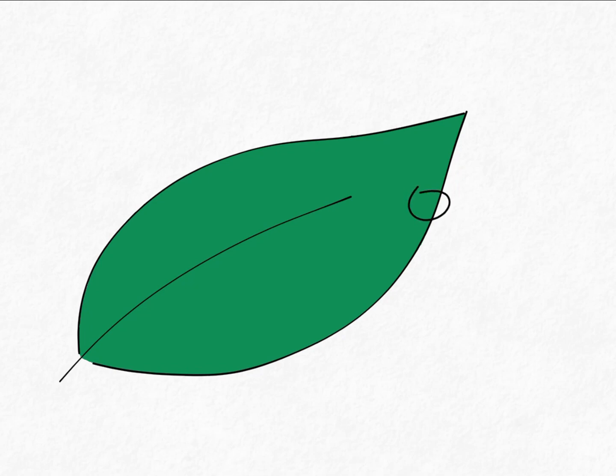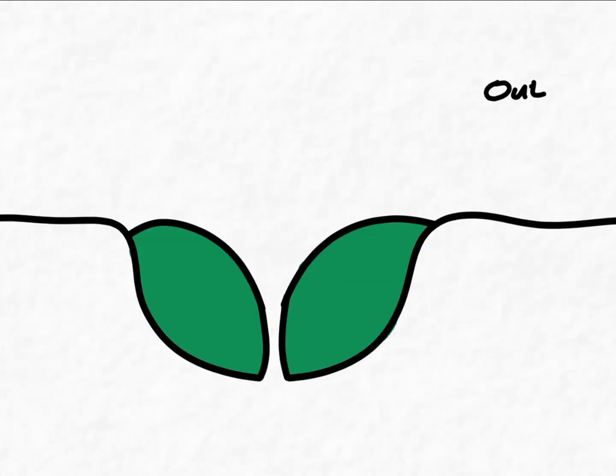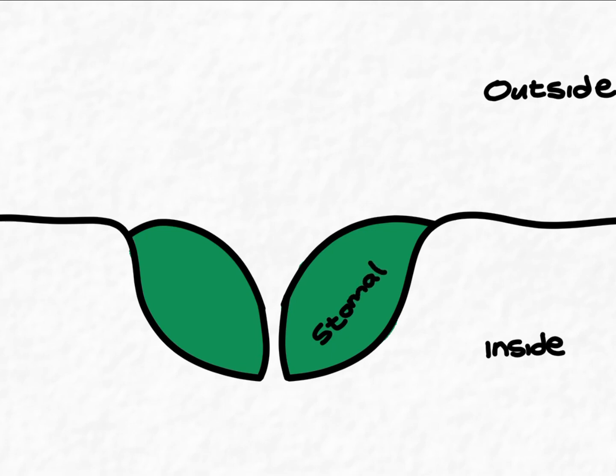To show the effect of humidity and wind, let's have a closer look at the stomata. So here we have the outside of the leaf as well as the inside of the leaf, and then our two guard cells that would make up our stomata.